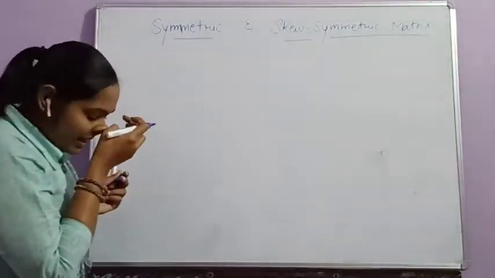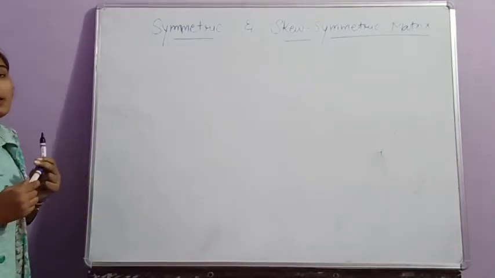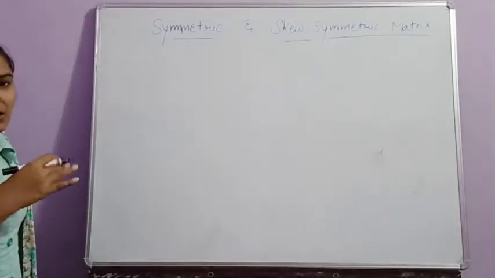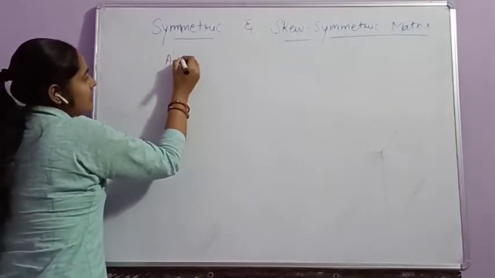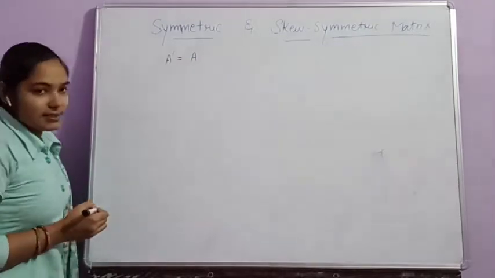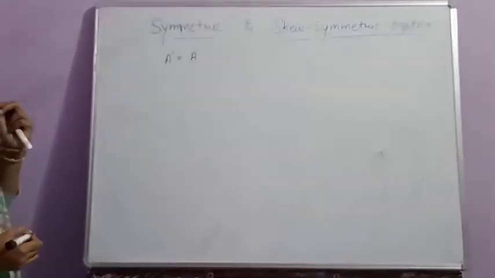A symmetric matrix is a matrix whose transpose is equal to the matrix itself. It means if the transpose of any matrix is equal to that matrix, then it will be a symmetric matrix.